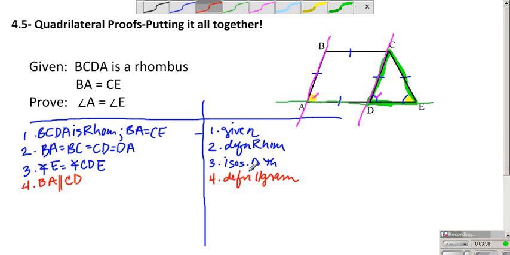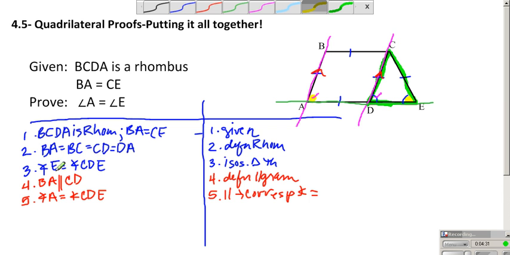Some proofs would have you say that the rhombus is a parallelogram first and go through that. I'm okay with kind of skipping that step. We have our family tree. We know that a rhombus is a parallelogram, so we're good to go. Now, by saying that, then I can say that angle A is equal to angle CDE because parallel implies corresponding angles are equal.